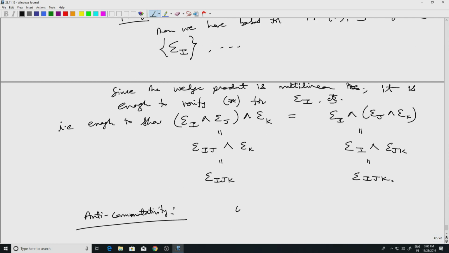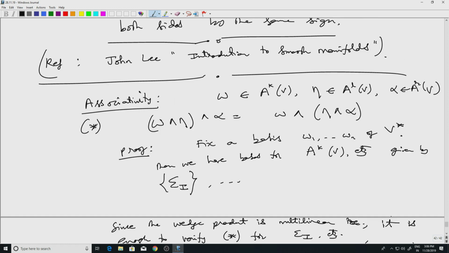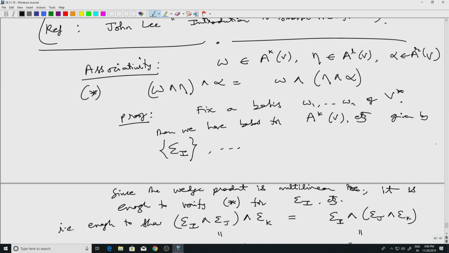One is interested in showing that omega wedge eta is -1 raised to kl times eta wedge omega. Here I should remark that when we are dealing with tensor products, associativity is extremely straightforward. It's almost a triviality from the definition. Here it's not so obvious because the alt map is involved, which involves a sum and so on.